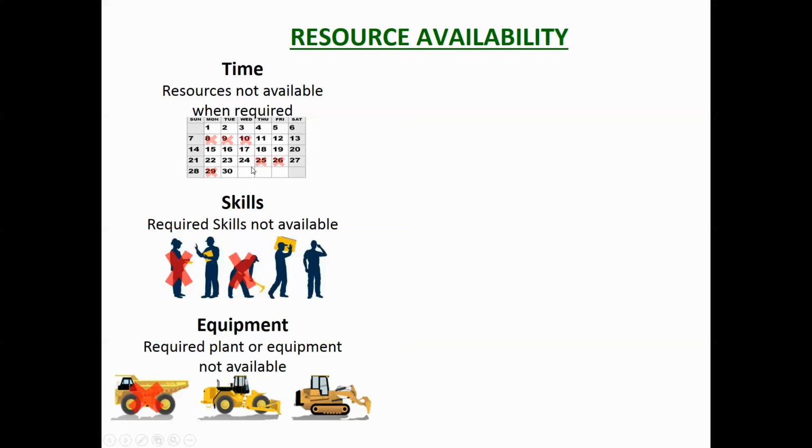So the resource availability. Resources may not be available to you. They may not be available at the time they're required. The required skills may not be available within your organisation, or the required equipment may not be available within your organisation. So the solutions are, with time, reschedule some work packages.